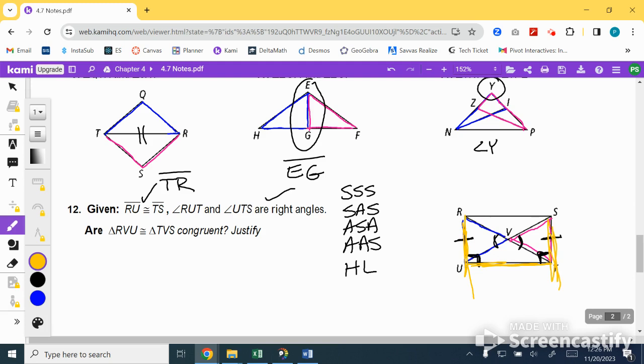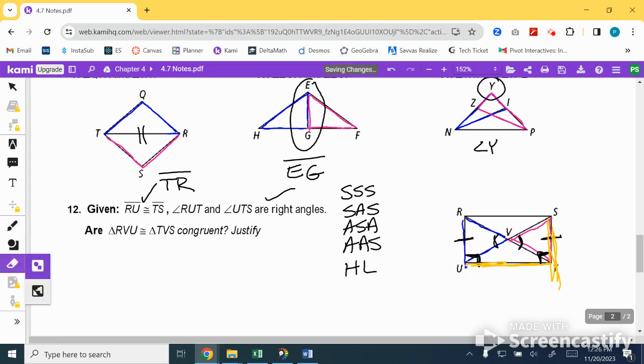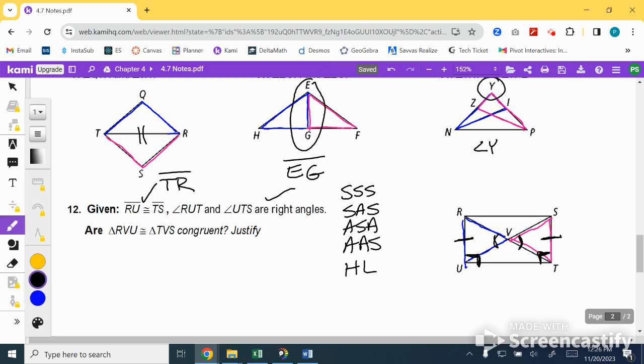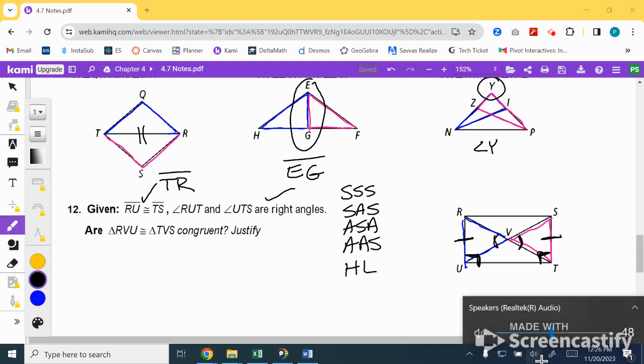So I have a pair of same side interiors. That means that these sides are also parallel. I'm sorry, I said congruent, I meant parallel.